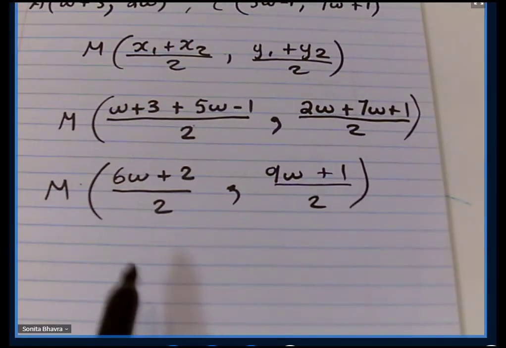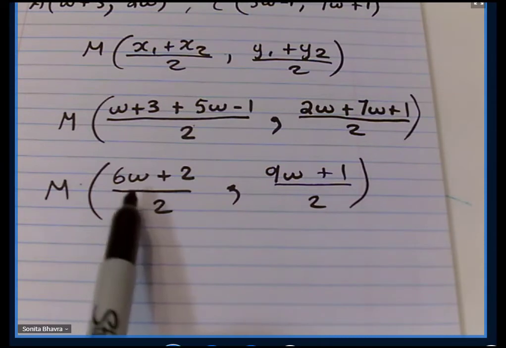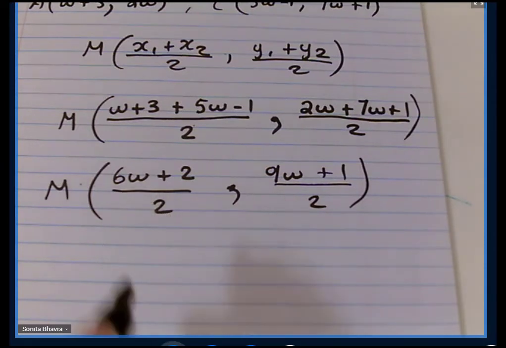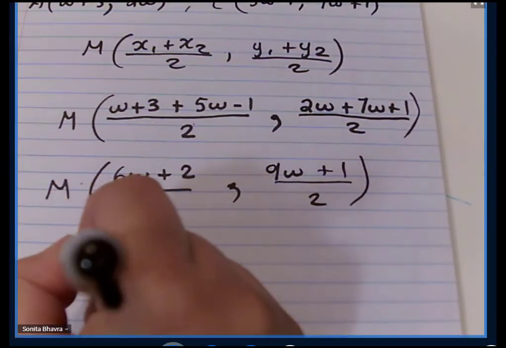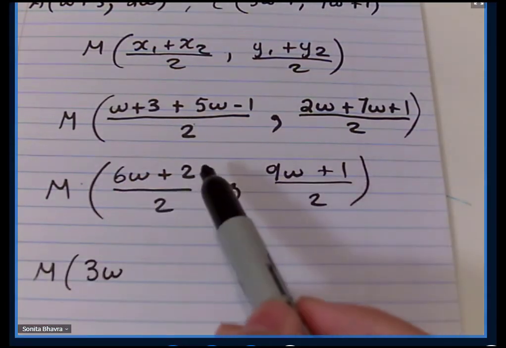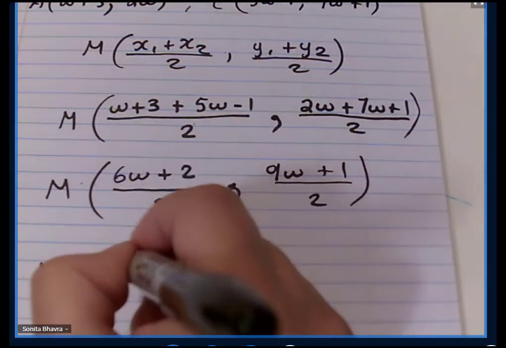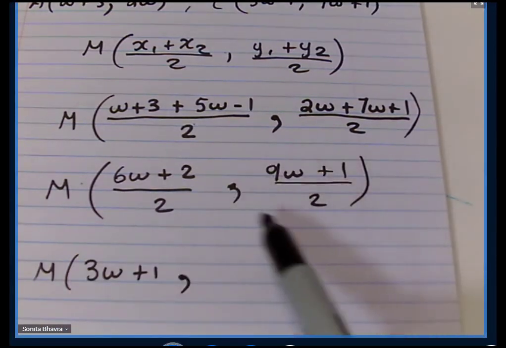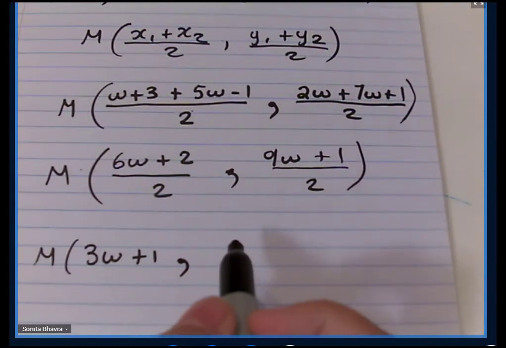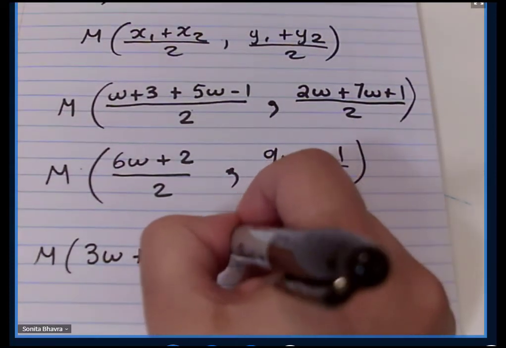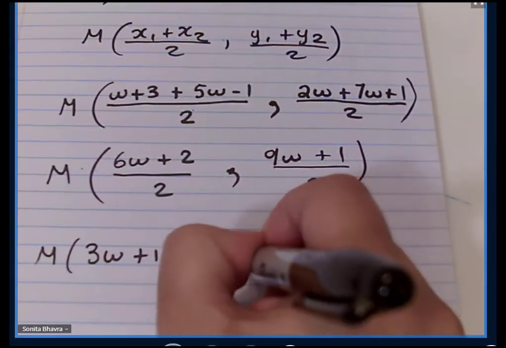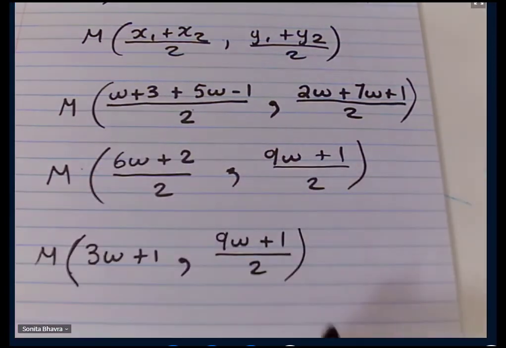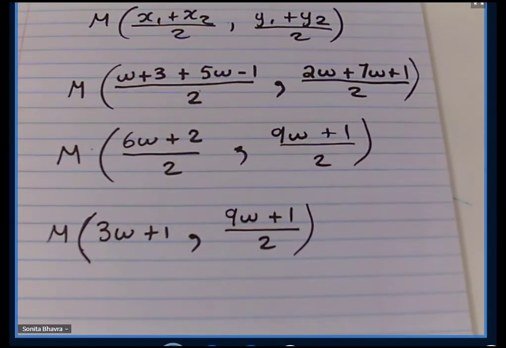Simplifying further, 6w divided by 2 gives me 3w, and 2 divided by 2 is plus 1. Here we can't simplify anything further, so we'll just leave that as 9w plus 1 over 2. And that would be our coordinates for the midpoint of the line segment AC.